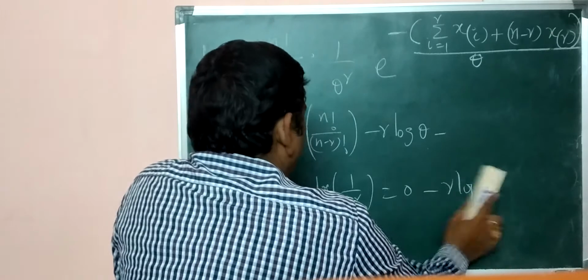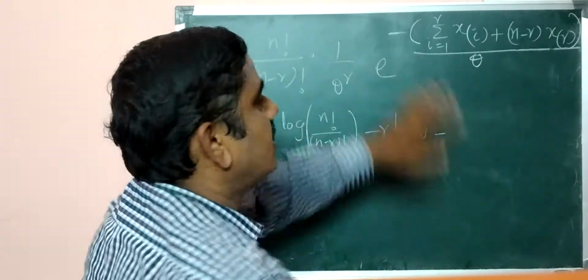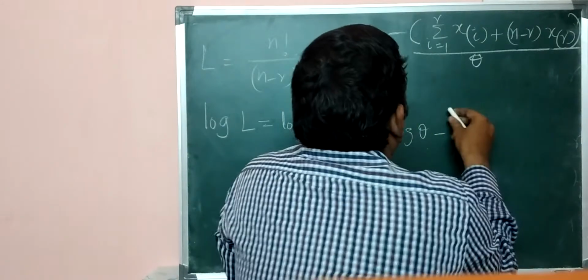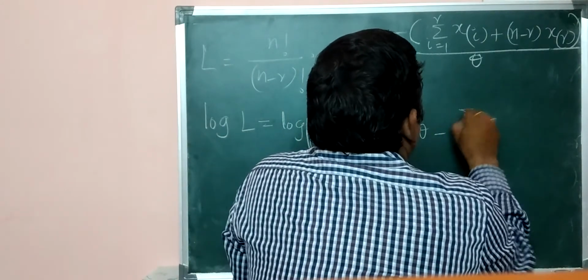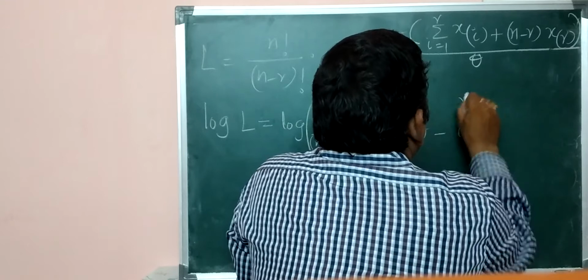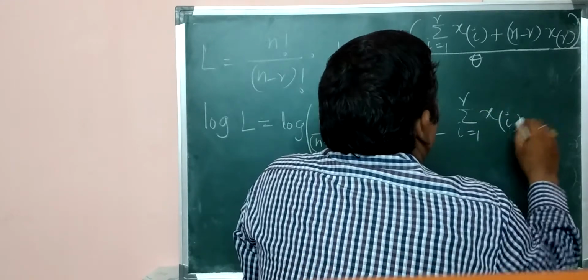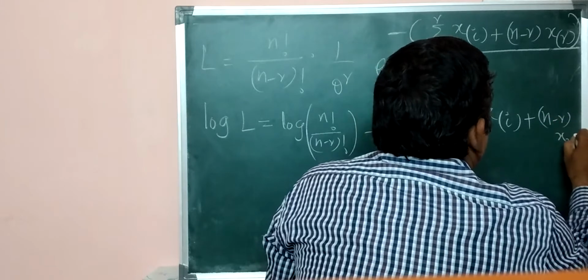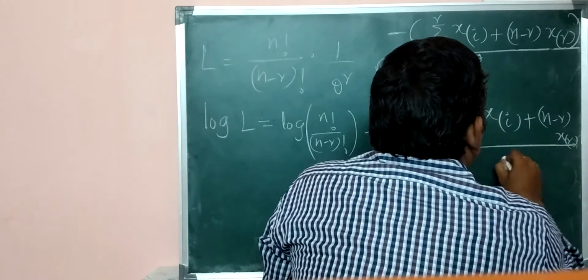Okay. Now the remaining values, log e power x, so therefore it is nothing but summation i is equal to 1 to r xi plus n minus r into xr divided by theta.